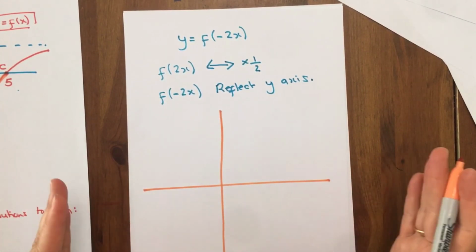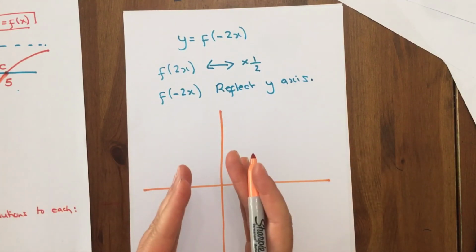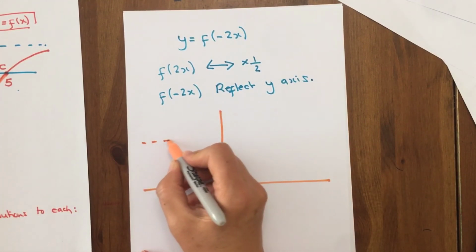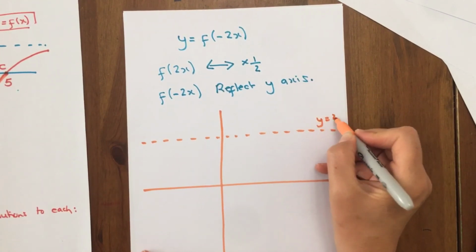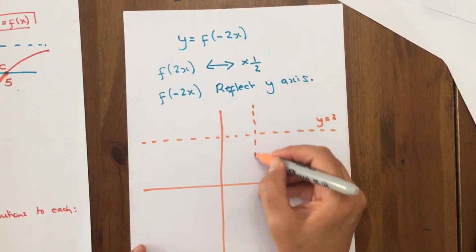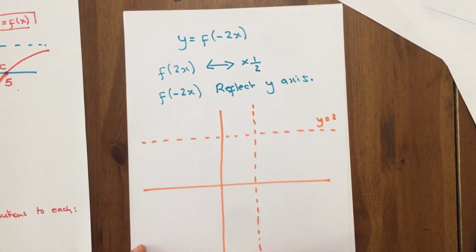So everything is going to come in by a scale factor of a half. So my y asymptote will stay where it is, but my x asymptote will come in to 1.5. It was 3, now it comes into 1.5.